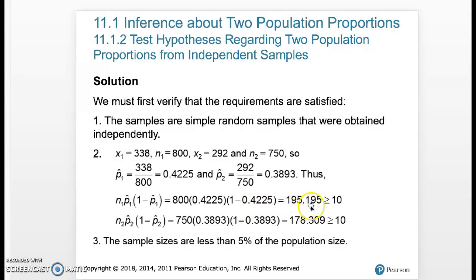Notice we're getting numbers for our n times p times 1 minus p that are much bigger than 10. And then we do the exact same thing for the rural households. So 2 checks, twice the work. And then the third part about the 5%, 800 urban households is definitely less than 5% of all urban households in the US. And then 750 rural, that's definitely less than 5%. So we're good to go.